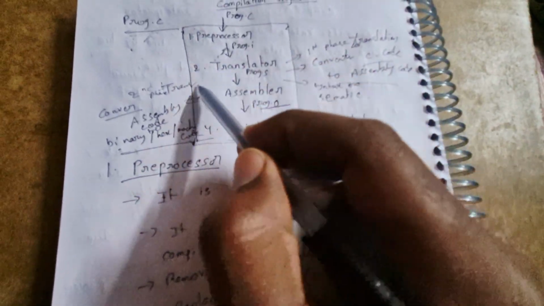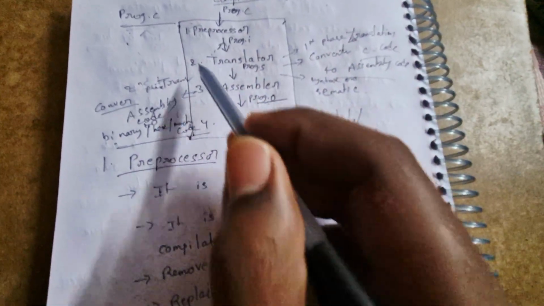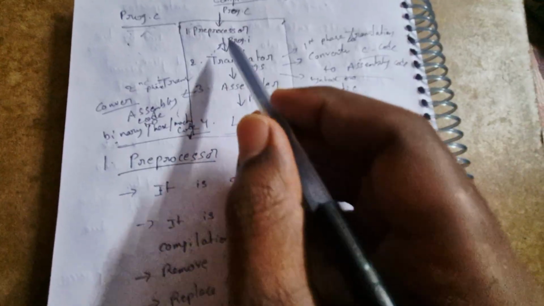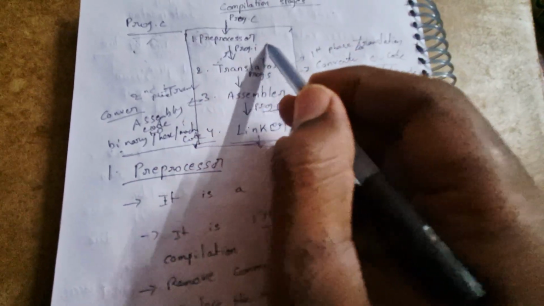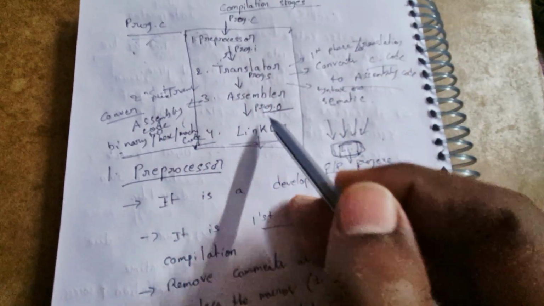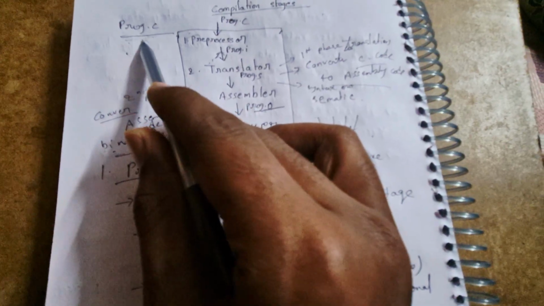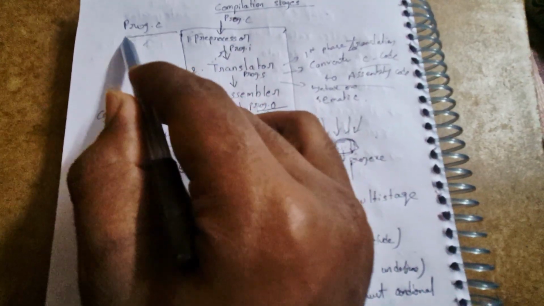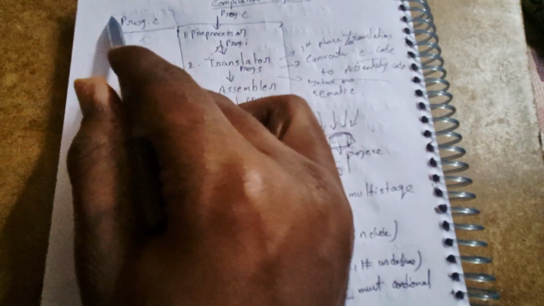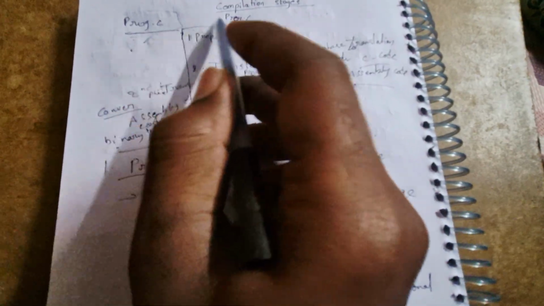These are internal compiler steps, and we discuss each step. For example, we take a program.c file.